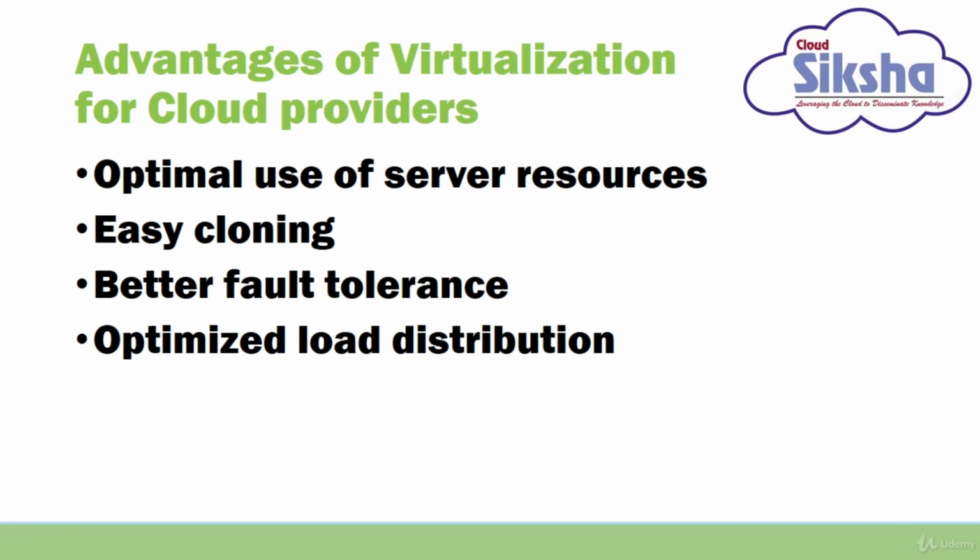We saw earlier that this also gives you better fault tolerance because we can move the VMs wherever we want. And very important for the cloud providers, you get an optimized load distribution. What does that mean? Let's say I have 20 physical servers. Take the case of somebody like Amazon. Amazon is going to have hundreds of physical servers, and on each physical server it is going to start multiple VMs.